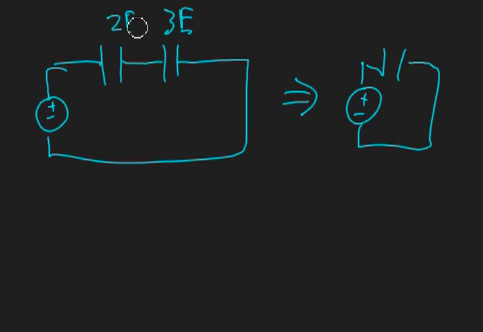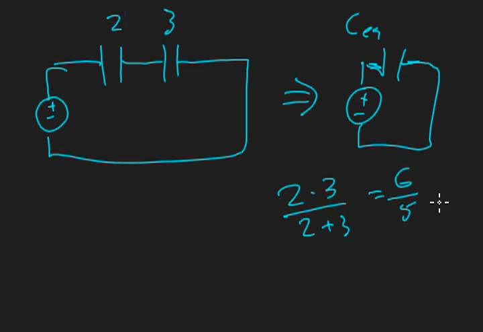It really only matters about the numbers at this point, because you'll eventually learn them, but they can be confusing to start with, which is why I'm omitting them. The equivalent capacitance in this case is going to be 2 times 3 over 2 plus 3, which is 6 over 5 equals 1.2, and that's measured in farads. So that capacitor is 1.2 farads when the capacitors are in series.